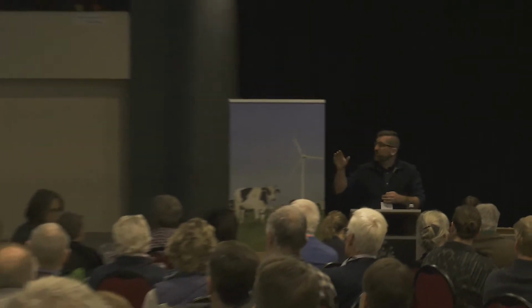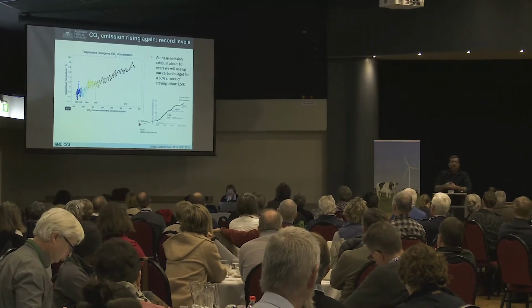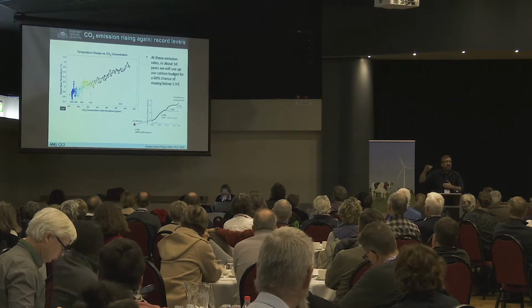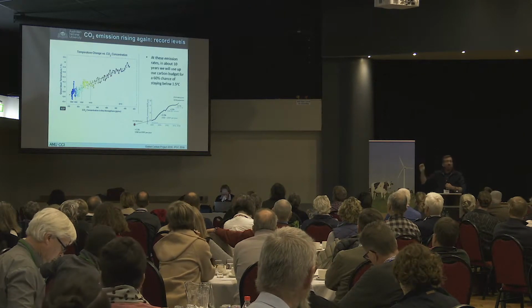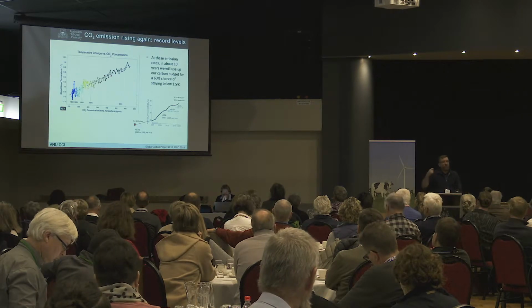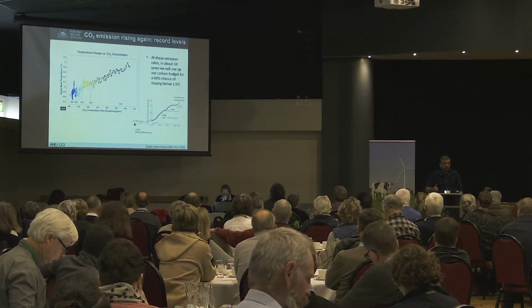The time series goes back to the late 1800s and through to present day. If you draw a trend line through that, you can see very clearly that the correlation is very strong. The higher the concentrations of greenhouse gases, the higher the temperatures are at a global scale.